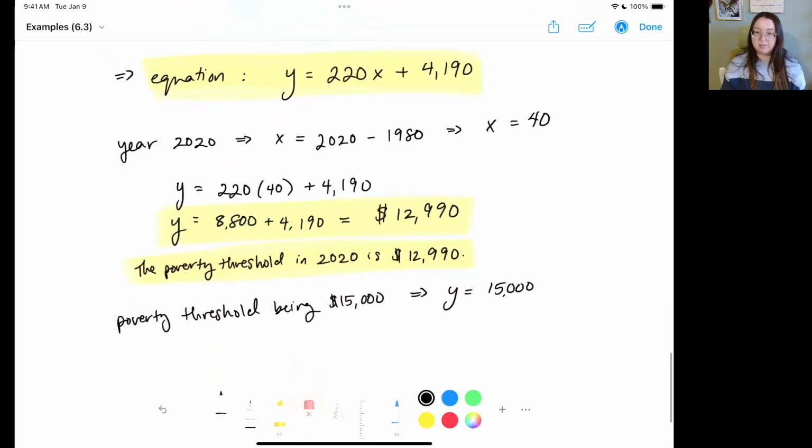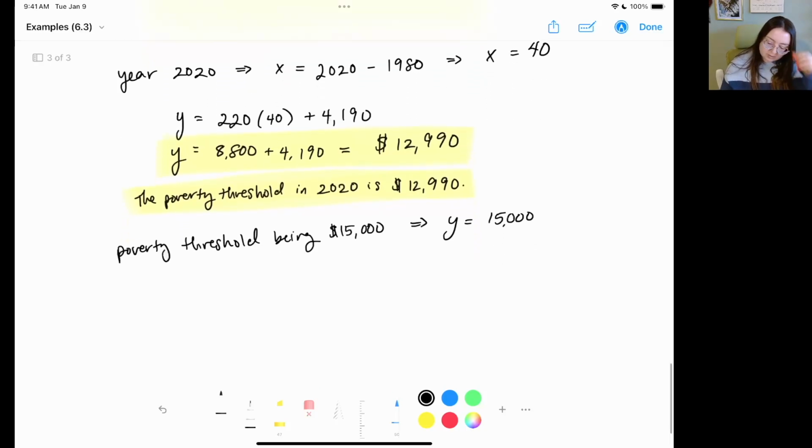So if y is the poverty threshold and we're trying to find when it's going to pass 15,000, which really just means when is it finally going to equal 15,000, and then we'll figure out the year from there. We're going to use y equal to 15,000 in our same equation, but we're going to replace y instead of x this time.